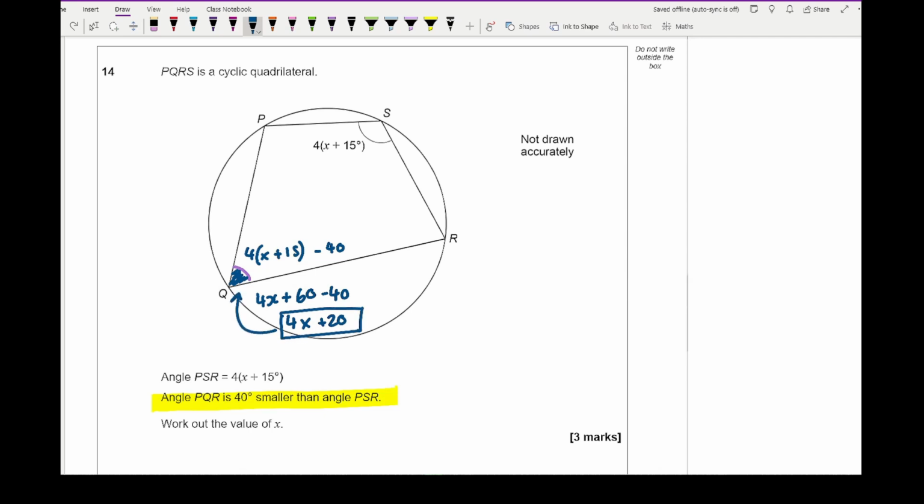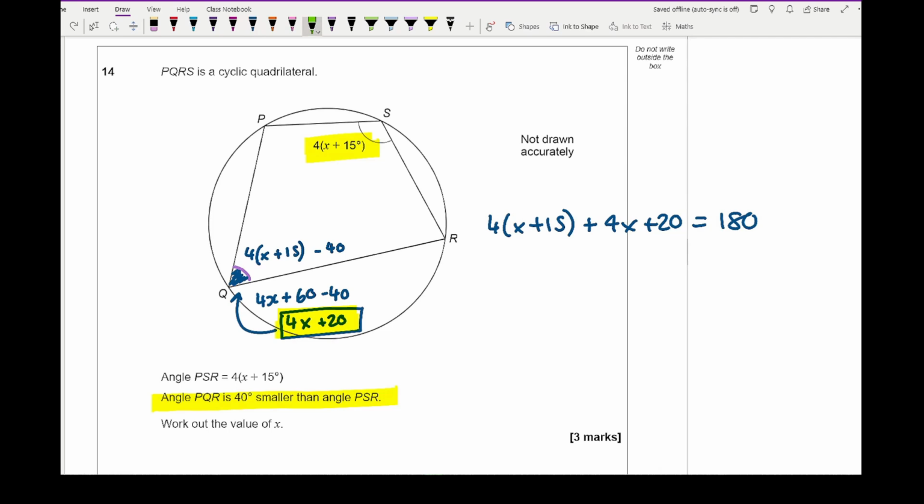Now I know that that angle here plus this angle here is going to add up to 180, because opposite angles in a cyclic quadrilateral add up to 180. So I've got 4x plus 15 plus 4x plus 20 equals 180 degrees.